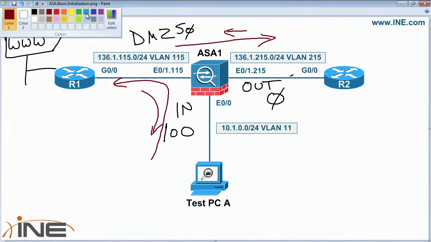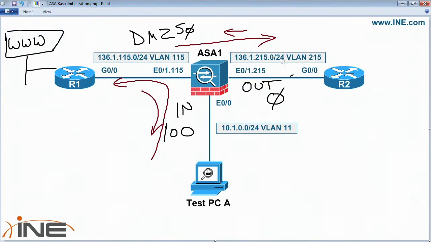But by default, traffic flows would be denied from coming outside to DMZ or outside in, or going from DMZ to the inside. So anytime we're coming from an interface that has a lower security level and trying to go to a higher security level, that's going to be dropped by default.